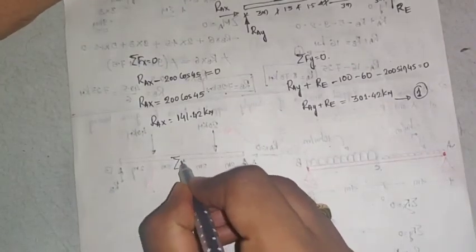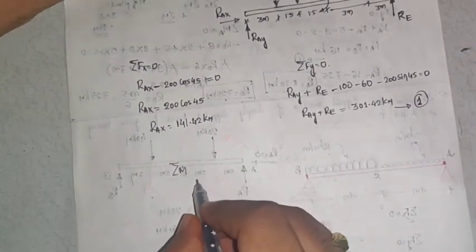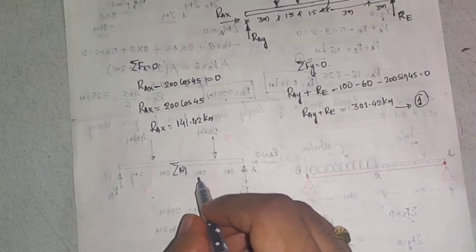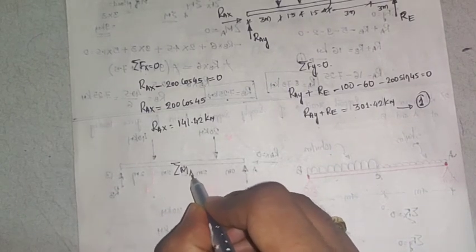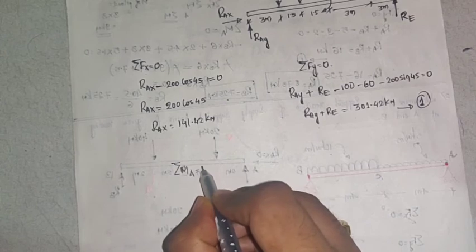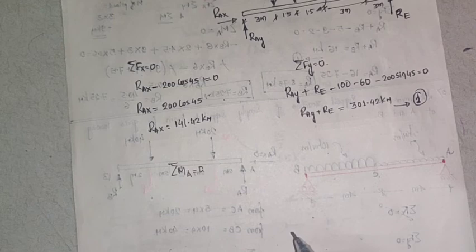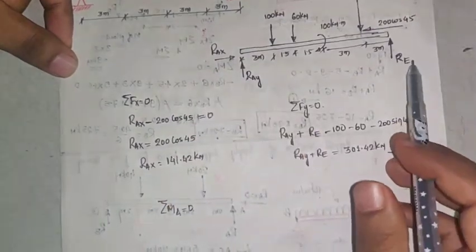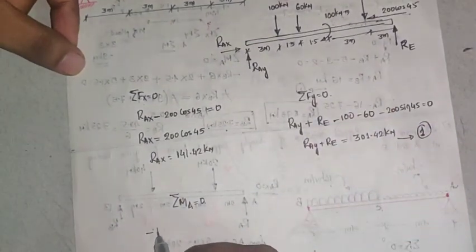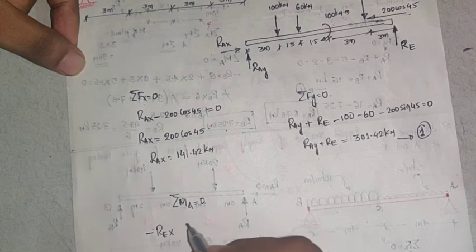Let's go with the third condition of equilibrium. Here I'll take moment about A as 0. So this becomes 0, this becomes 0. RE is rotating anti-clockwise, so I'll write minus RE into, what is the distance?